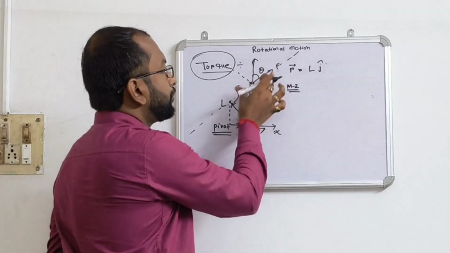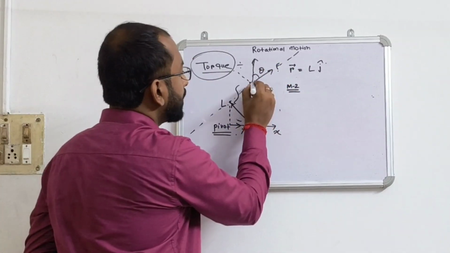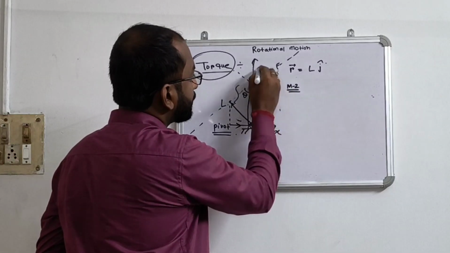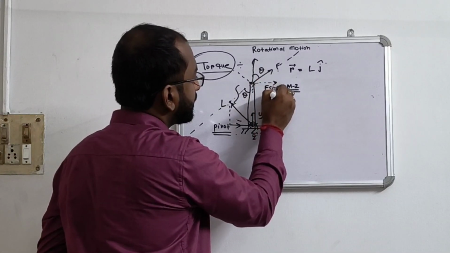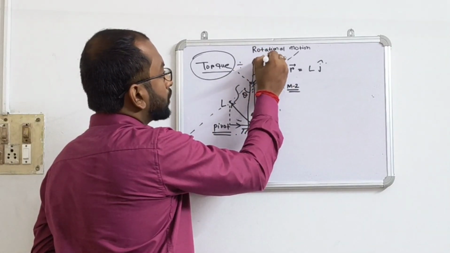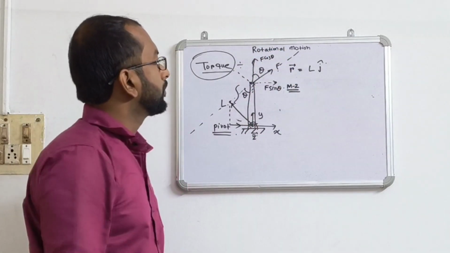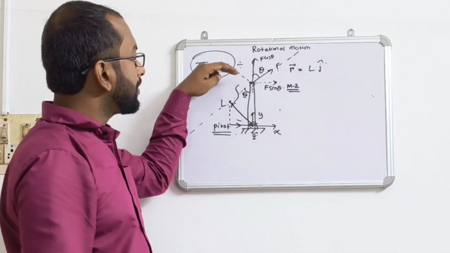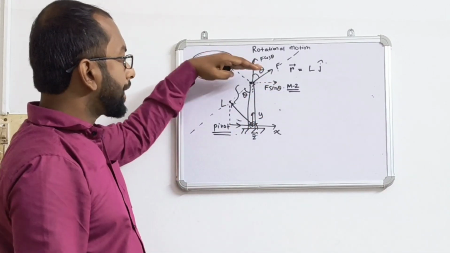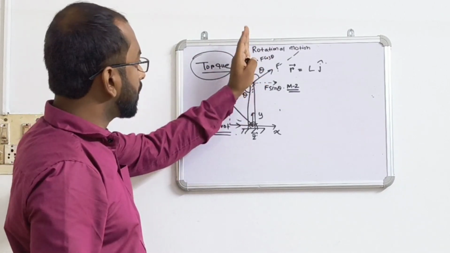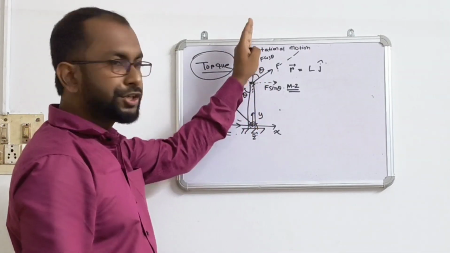See, force F has two components. One is this horizontal component, in this case F sin theta. Another is F cos theta. The F sin theta component is acting perpendicularly to the direction vector, and the F cos theta component is along the direction vector.